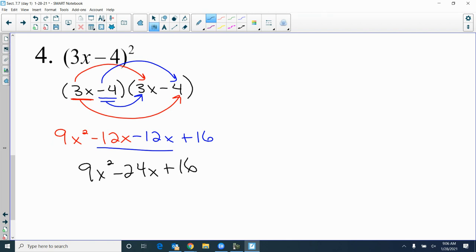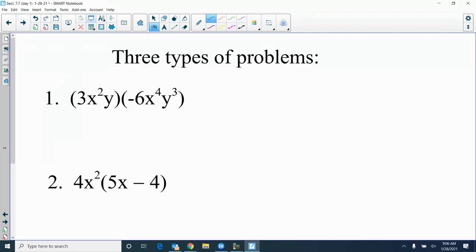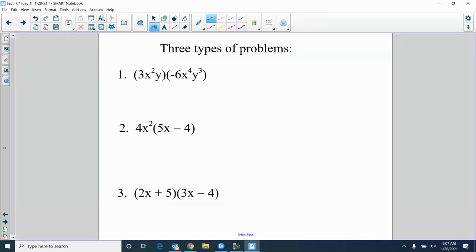All right, we've done three cases, and the biggest thing is that you tend to mesh them together. Take a look at those 3 problems and understand the differences between them. This first one is not a binomial because it's not 2 terms. It's not like 3x squared minus y. That compares to these 2 down here because they're clearly 2 terms and 2 terms.